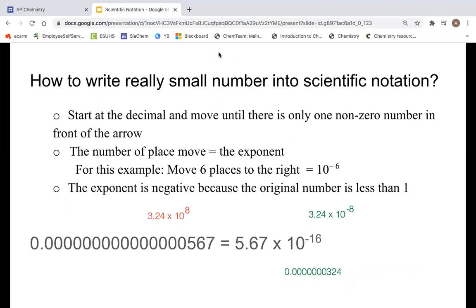So again, if you're wondering, literally what I did was I moved the decimal from here 8 spaces. 1, 2, 3, 4, 5, 6, 7, 8. Right there is the decimal. I just made it hard to see, but that's what it is.